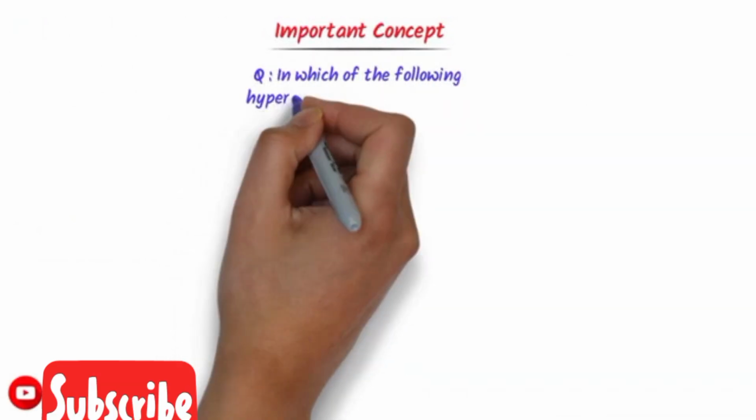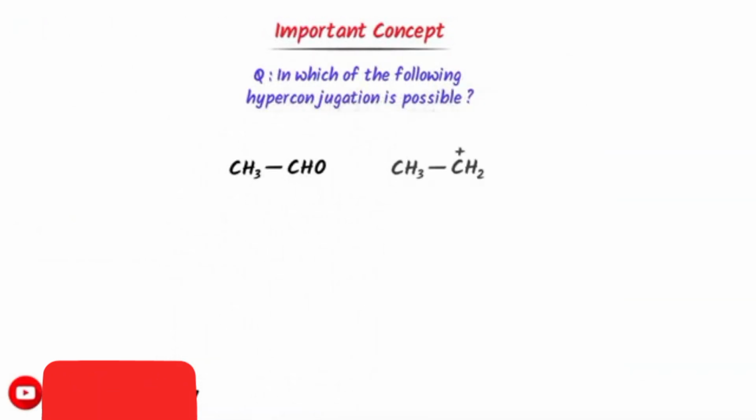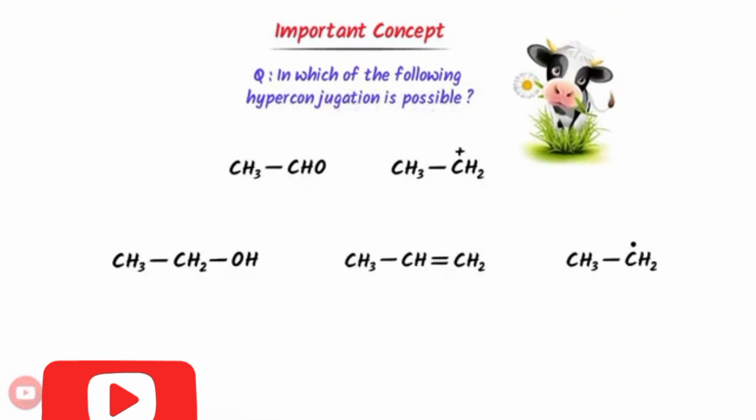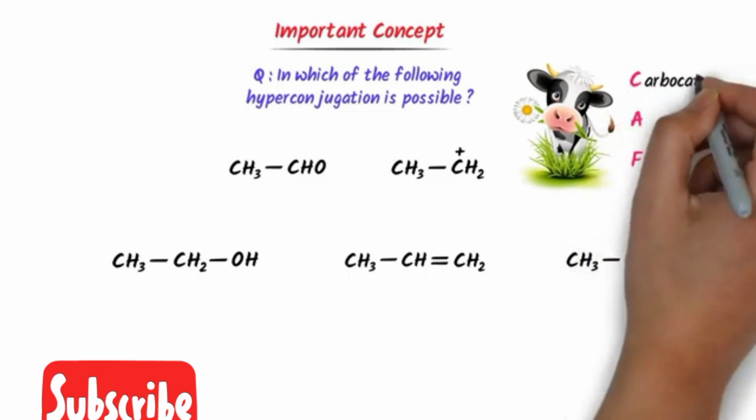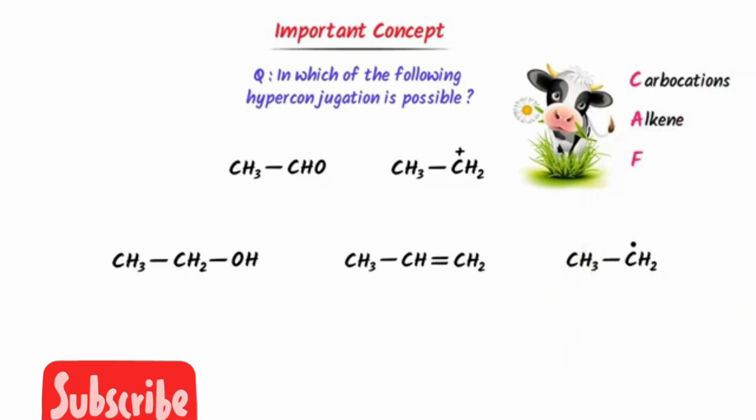Now let me teach one most important concept: in which compounds is hyperconjugation possible? Hyperconjugation only occurs in carbocations, alkenes, alkanes and free radicals of hydrocarbons. The first compound is an aldehyde.